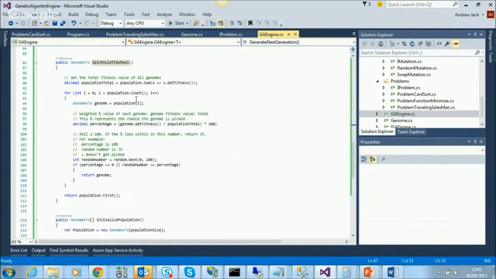Basically, given the percentage of that individual's fitness divided by the total fitness, we're going to get a percentage. And we're going to generate a random number. If that random number, from 1 to 100, is less than or equal to that percentage, we're going to choose that chromosome.